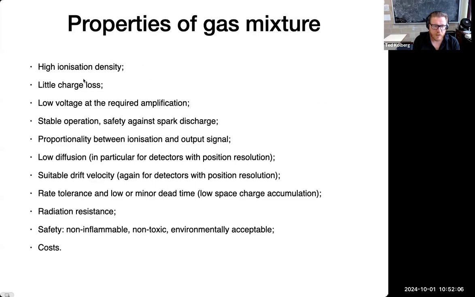We want to have something which is dense enough in terms of typical number of ionizations per unit length that I don't have to build a really long chamber with huge separations between the wires, because that would degrade the other performance. The spatial and time resolution of a very large chamber with very large separations would be very poor.